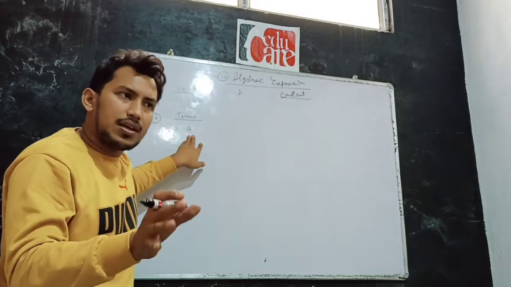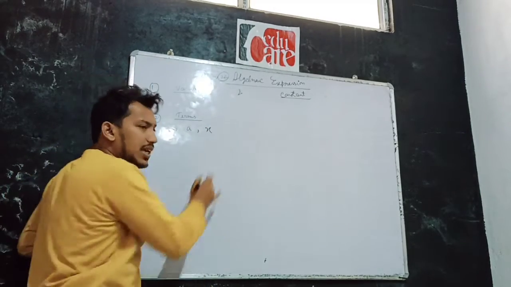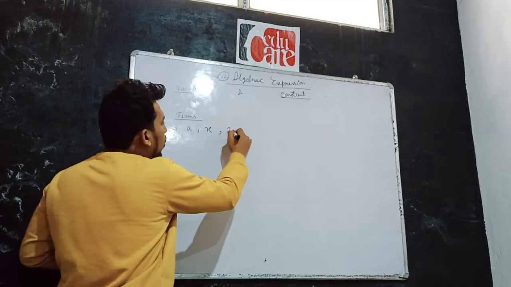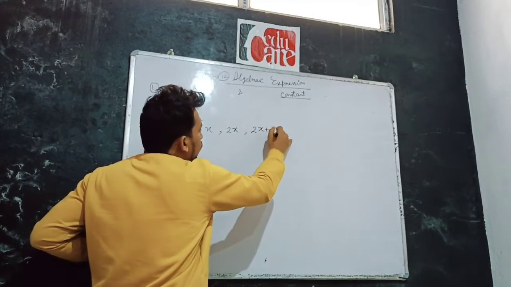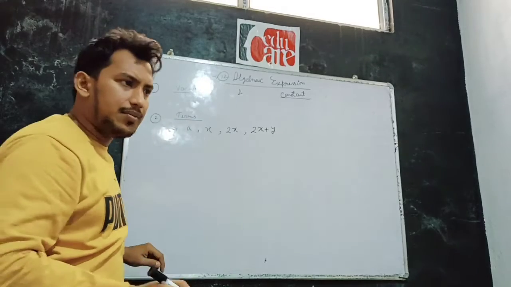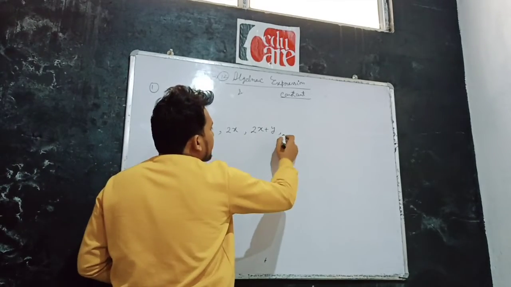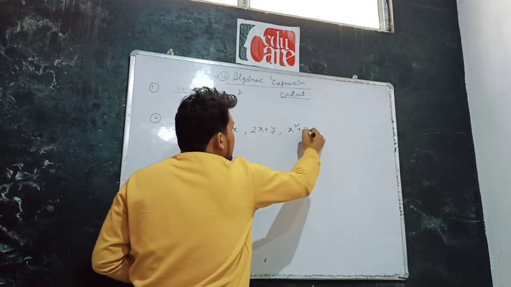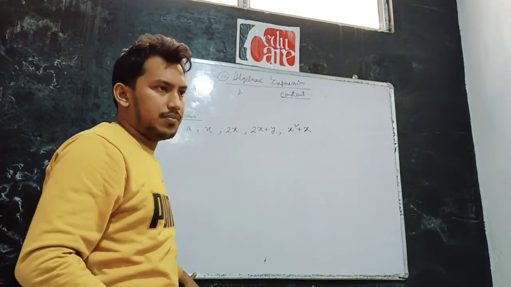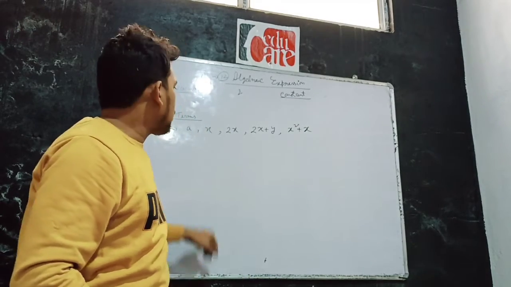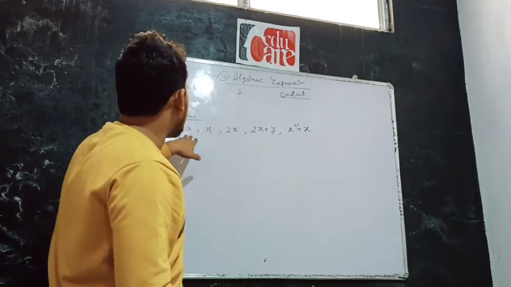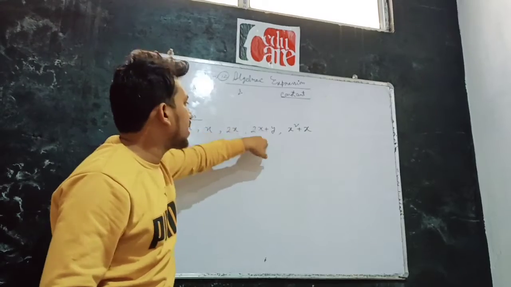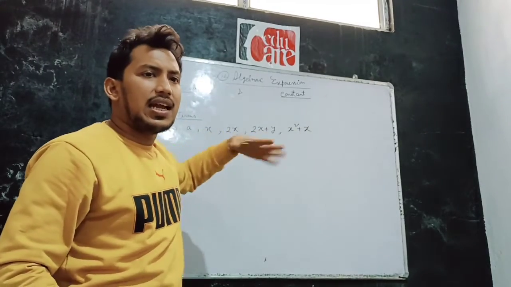So A can be a term, x can be a term, 2x can be a term, 2x plus y can be a term, and x square plus x can be a term. But what are the differences between these? We have to know that also. See, A, 2x, 2x plus y, x square plus x.